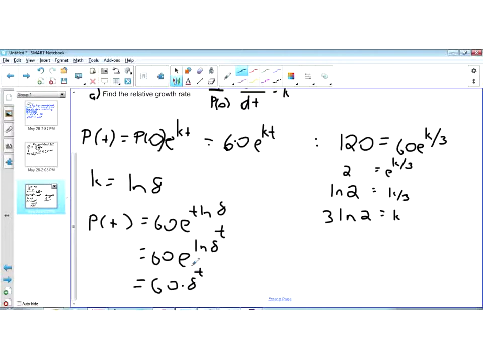So now the question is, find the relative growth rate. Actually, this is the answer to part B. Reading the text, this would be the expression for the number of cells, the population in cells after t hours.